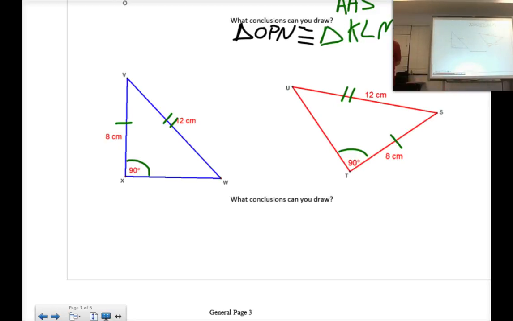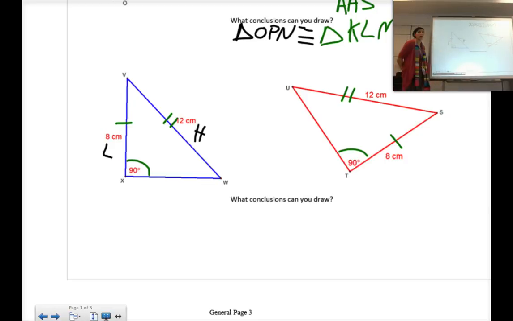So right triangles are special. Can anybody tell me what the name of this side, VW, is? What's the name of that side? Hypotenuse. And what's the name of this side, VX? Leg.